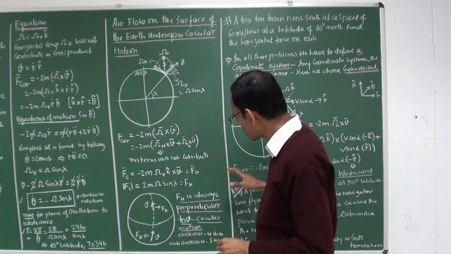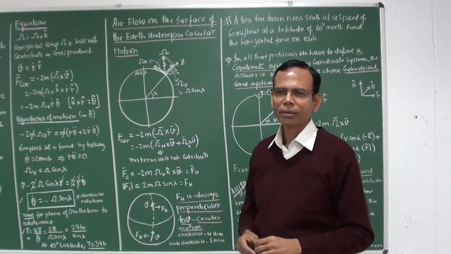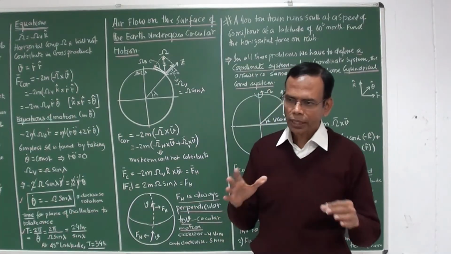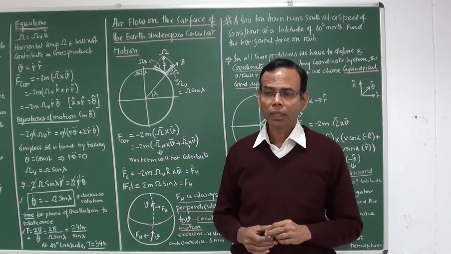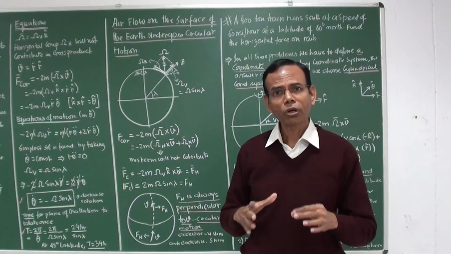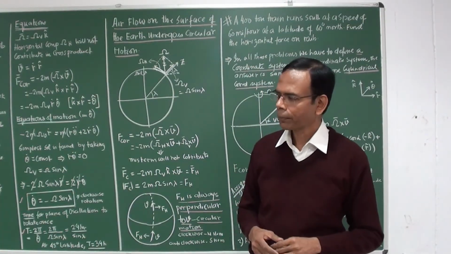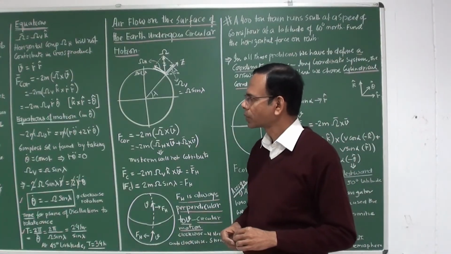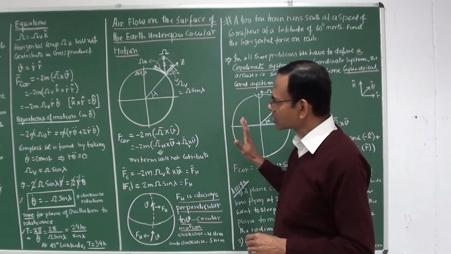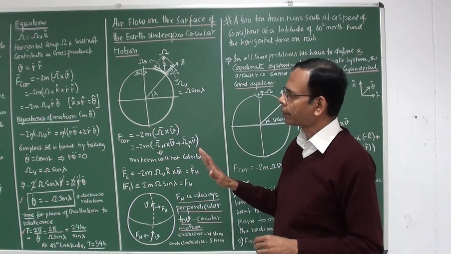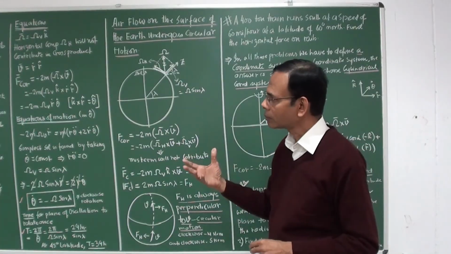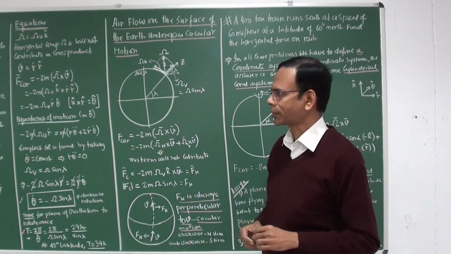So these two assignment problems are there. Try to find some more good problems, and try to formulate your own problem. That will be very good, and if you can give it to me, that will be very nice. So this is all about this chapter, but more thinking is required to understand better.